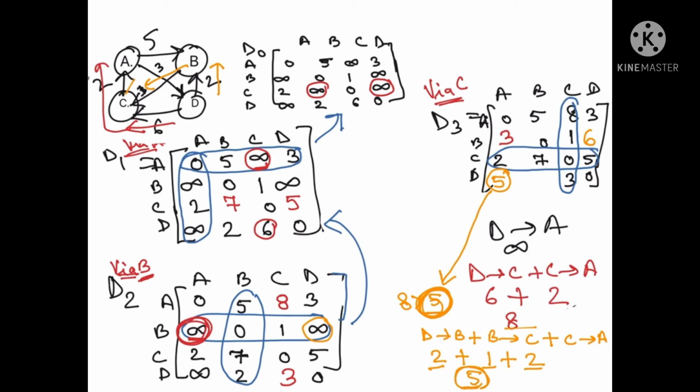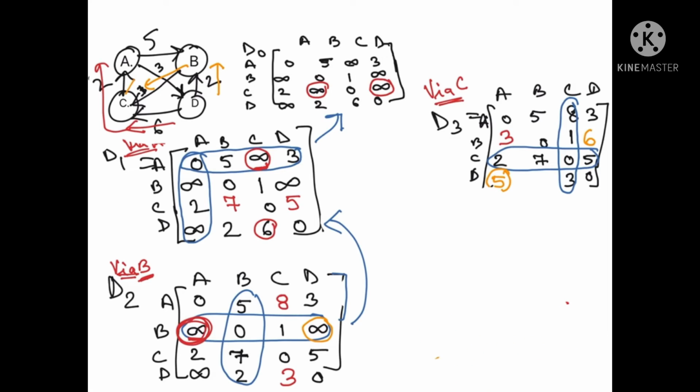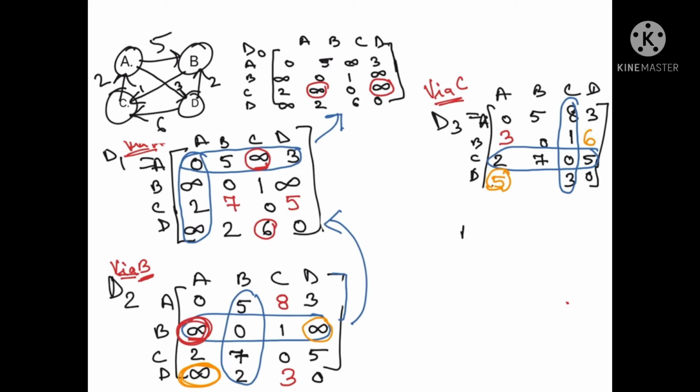That is why we took 5 here. Got it? Easy? Alright. So let me put this here. Which number has changed over here? This one. This infinity is changed to 5 now. Okay, now same thing.